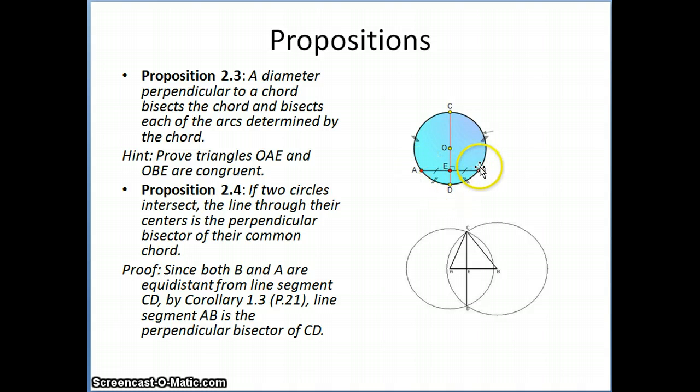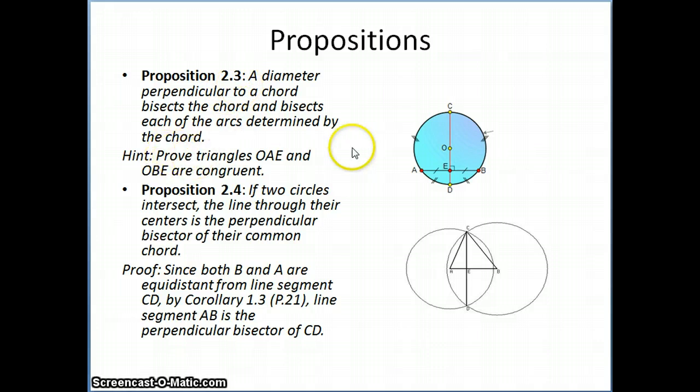The arc ADB is cut into two equal half arcs, AD and DB, and also the major arc ACB, the arc AC and arc BC are congruent. So that's what we want to prove in this proposition.